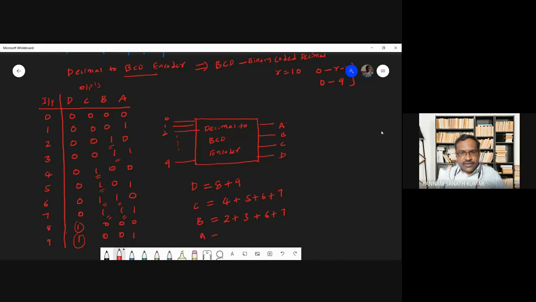And for the output A, these are the odd values, so A is 1 OR 3 OR 5 OR 7 OR 9. So you got the expressions.